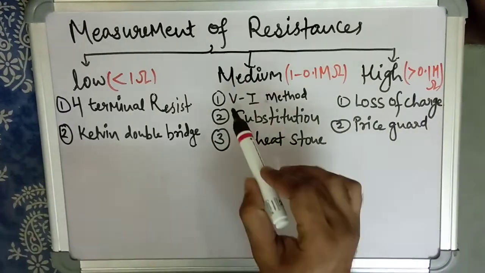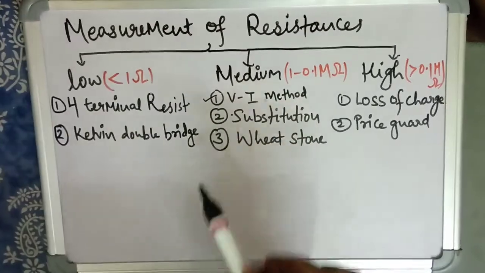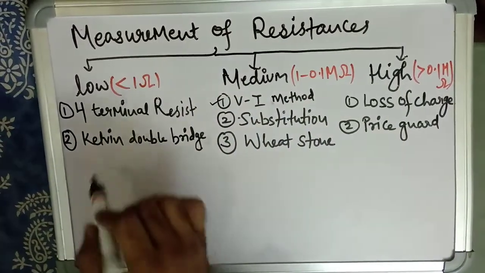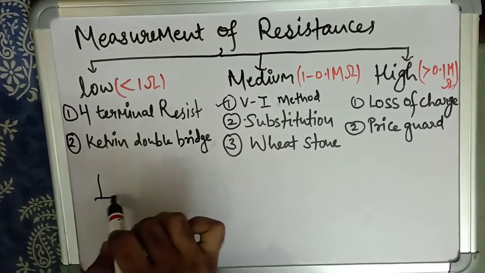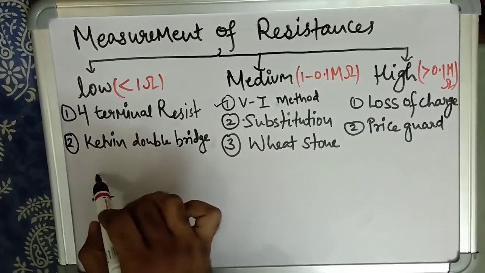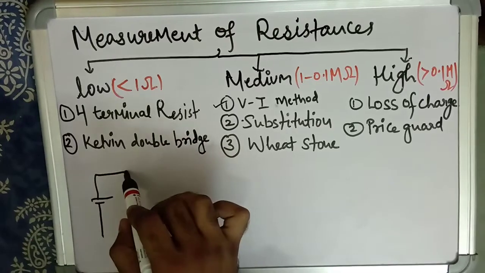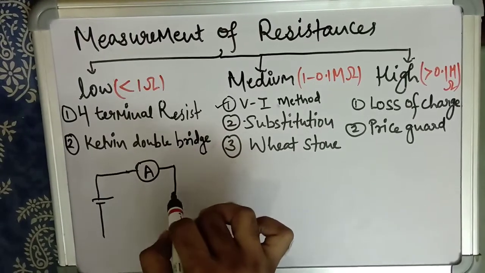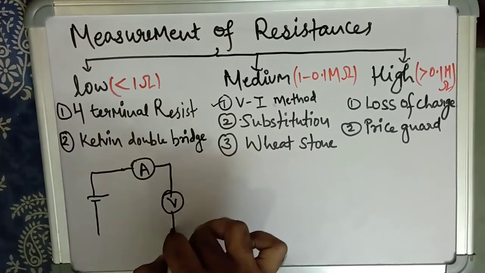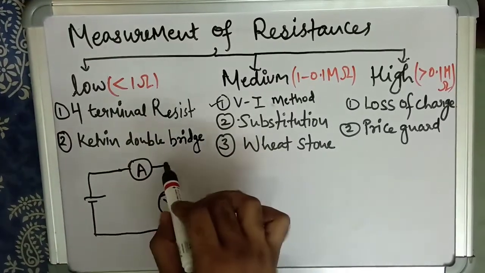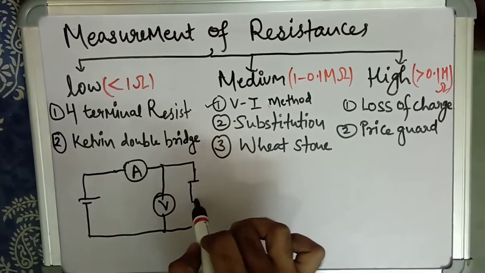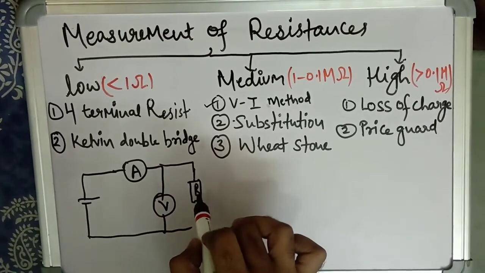So let's first discuss the VI, that is voltmeter ammeter method. We have a battery here, it can be AC or DC. We have an ammeter and we have a voltmeter, and the resistance is connected in parallel, that is the resistance we have to measure.